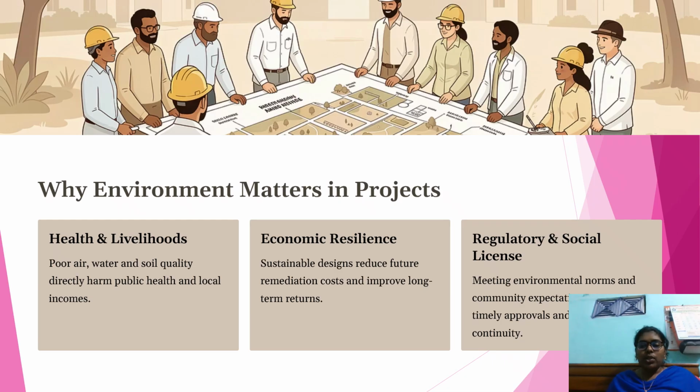It is very useful to the people. Economic resilience means sustainable designs reduce future remediation cost and improve long-term returns. Regulatory and social licence means meeting environmental norms and community expectations, timely approvals and continuity.